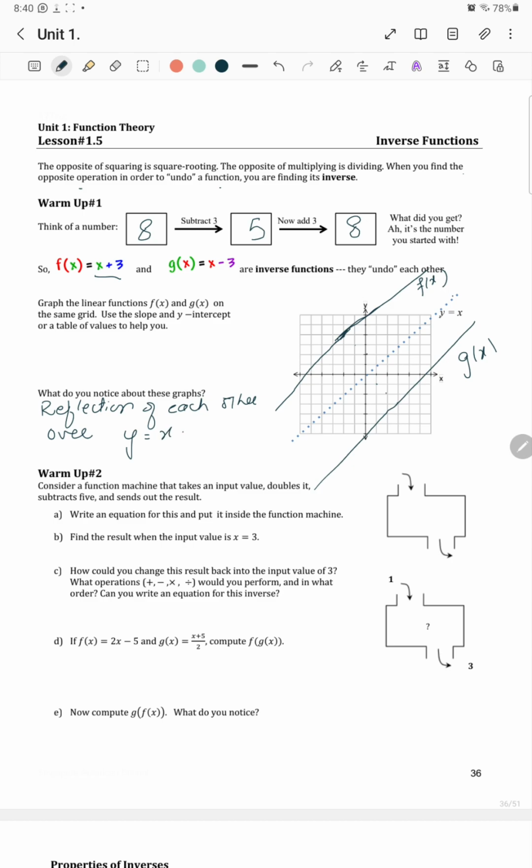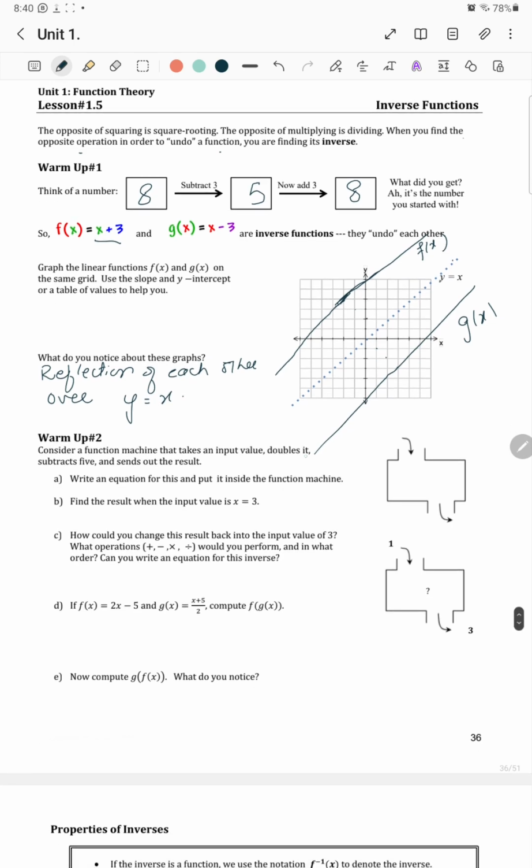Okay, consider a function machine that takes an input value, doubles it and subtracts 5 and sends out the result. Write an equation for this and put it inside the function machine. So what is the function machine doing? Let's suppose it takes an input value x, doubles it, subtracts 5 and sends the result out, and this would be the output of f of x.